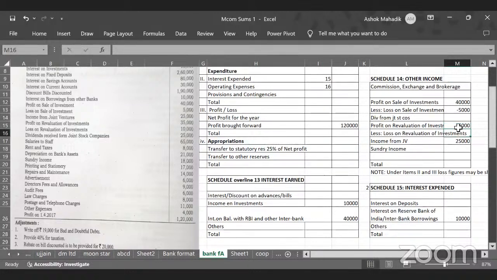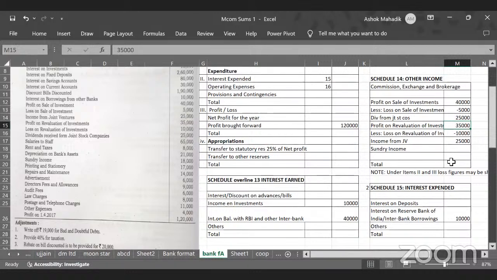Next, loss on revaluation, so I put minus 10,000. Then dividend received from joint stock companies. I have written in schedule 14 a new item. How much is it? 25,000. These are our other incomes. Schedule number 14 represents other incomes other than interest incomes. Okay, clear?